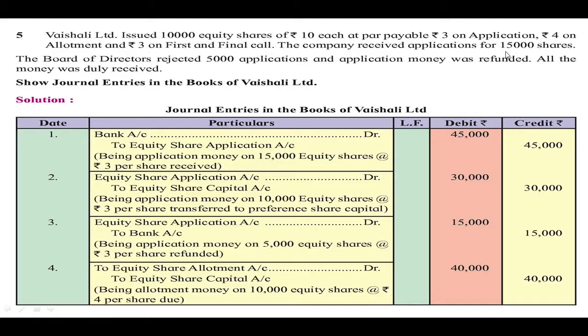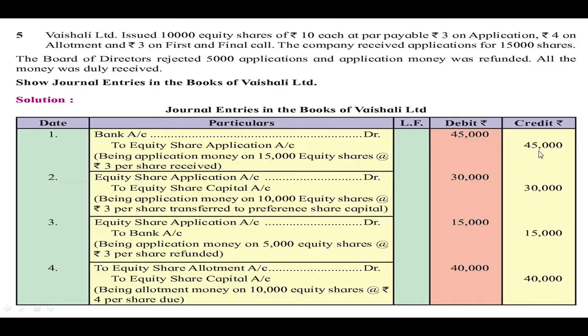Here 15,000 applications are received and the application money is rupees 3 per share. So in our first journal entry, we are going to debit the bank account because money comes into the bank. We multiply 15,000 shares by 3 per share on application, so that comes to 45,000. So the first journal entry is bank account debit 45,000 to equity share application account 45,000.